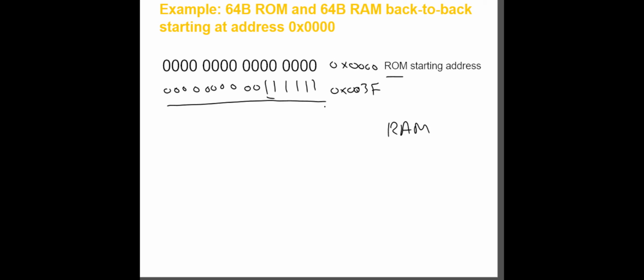So if you add 1 to that address, what do you get? You get 0000010. Again, these bits are 0, right? And where does it end? The same exact logic applies as well. Because it's 64 bytes, I have to flip 6 ones, the lowest order 6 bits.